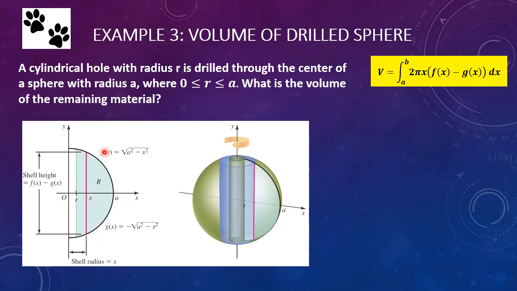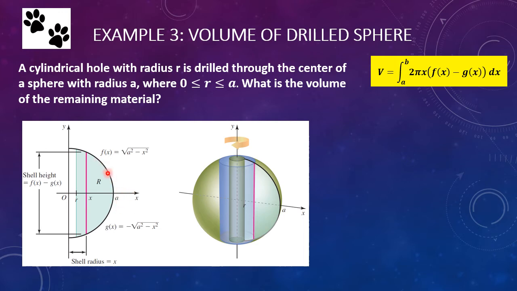So if we look at this diagram here, the sphere is centered at the origin. The radius of the sphere is a, as we can see here. So the equation of the line is x squared plus y squared equals, in this case, a squared.